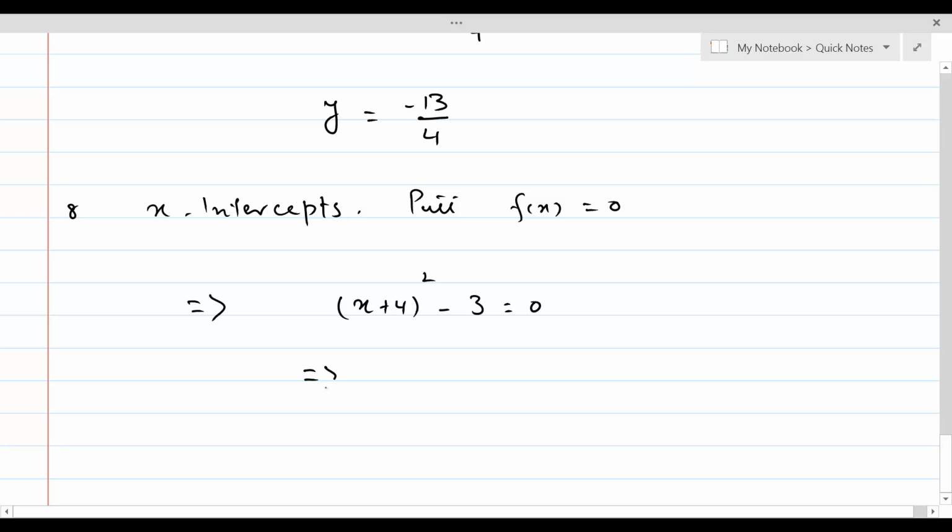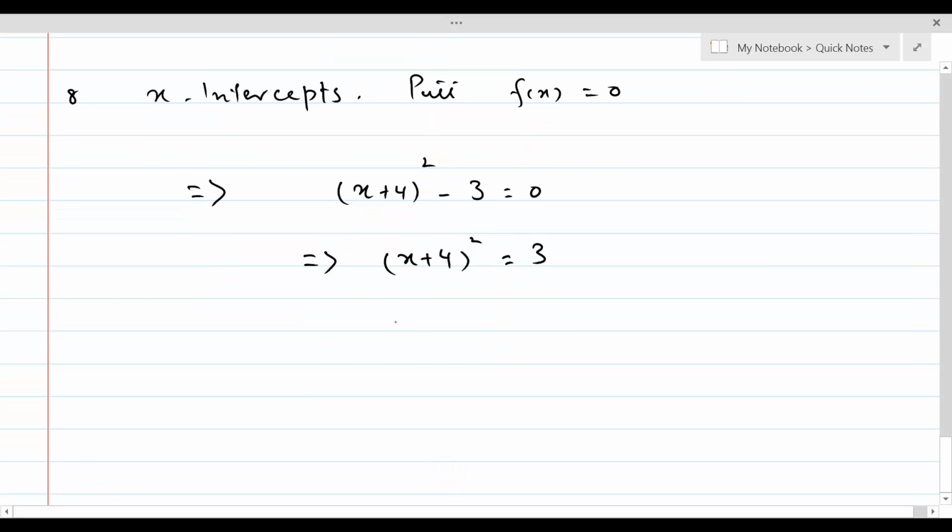This means (x plus 4) whole square equals 3, so x plus 4 equals plus or minus square root 3. X is equal to -4 plus or minus root 3.